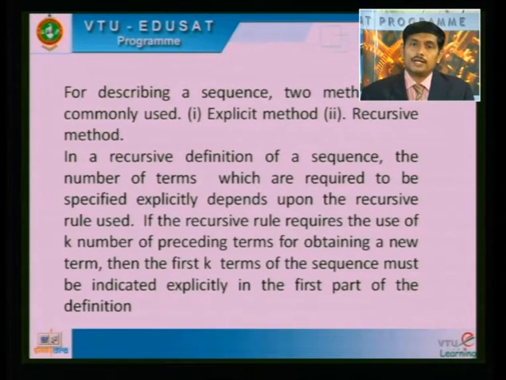If the recursive rule requires the use of k preceding terms for obtaining a new term, then the first k terms of the sequence must be indicated explicitly in the first part of the definition.